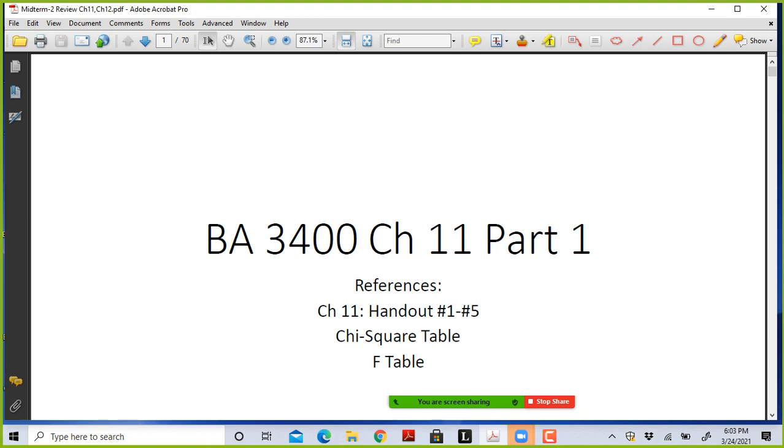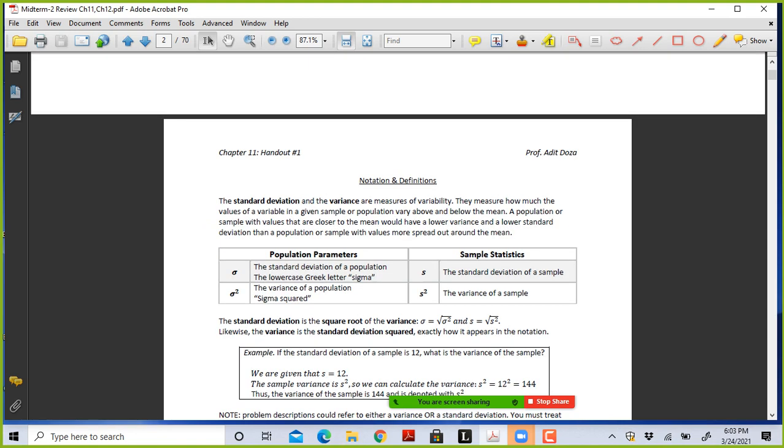Okay, so first of all, we need to know what's covered in chapter 11, right? In chapter 11, you should know the symbols, the notation, like what this sigma stands for. It stands for standard deviation. And sigma square stands for variance. These should be pretty easy because most of you have already seen my lectures.